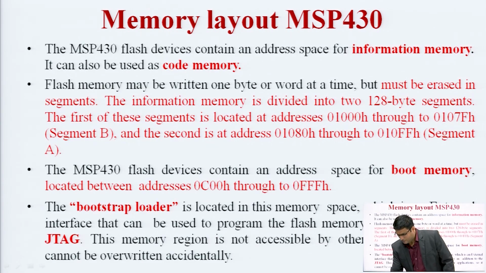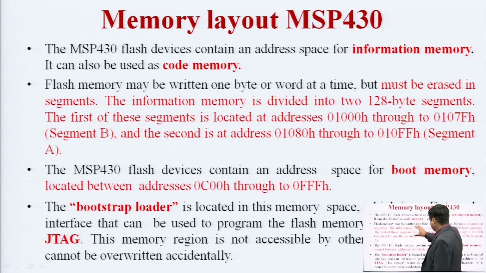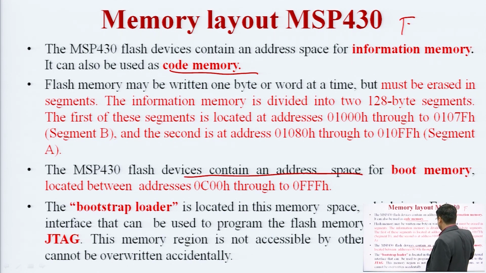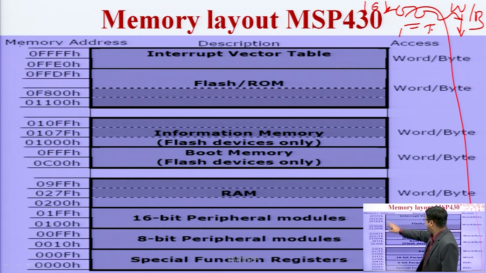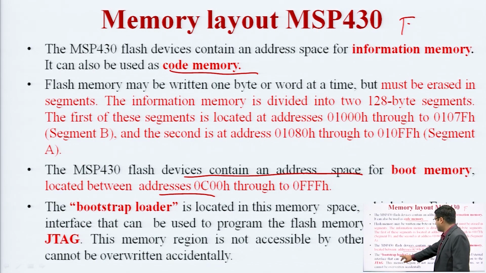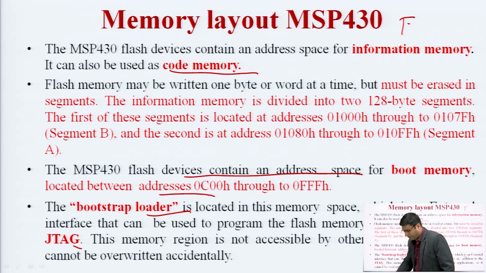In the last slide we see the distribution of memory. This is the explanation. There is a code memory available, and there is flash memory. Flash means we can read or write in the memory. There is flash available in the address range 0C00 to 0FFF. After that, the bootstrap loader, basically bootstrap is used to debug the device, so it is connected with the JTAG interface.